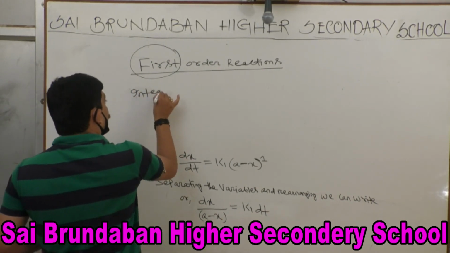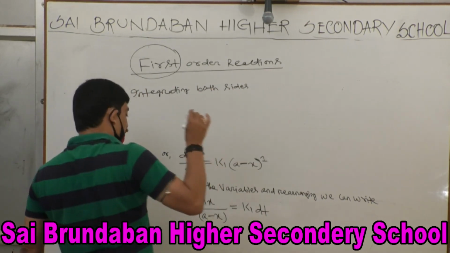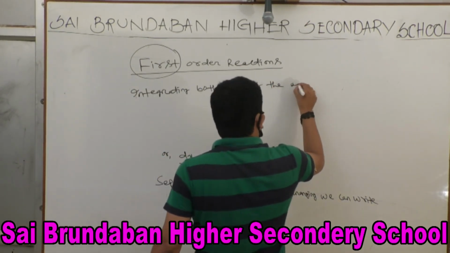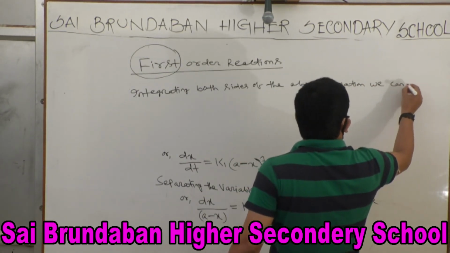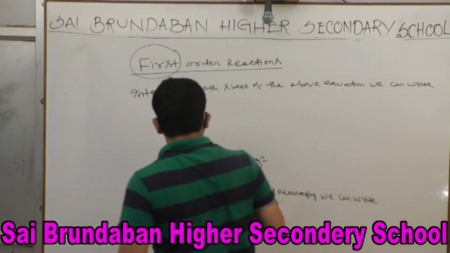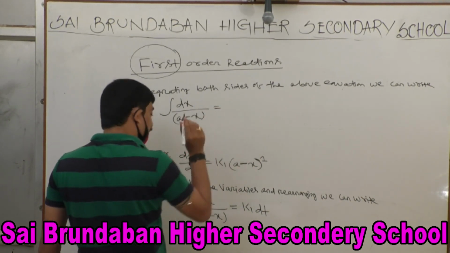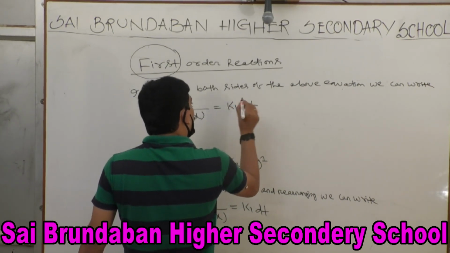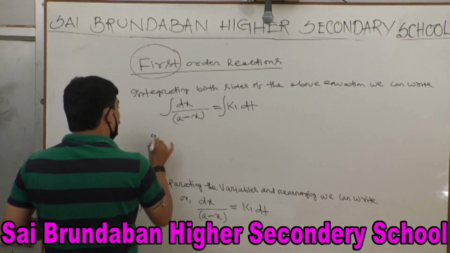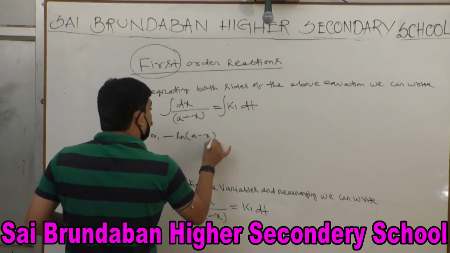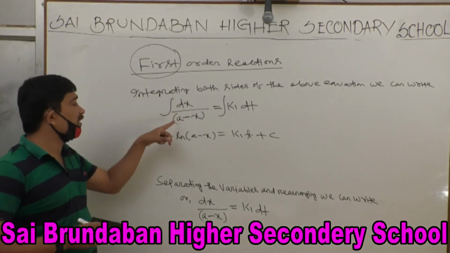Next, integrating both sides of the above equation, we can write the integral of dx by A minus X equal to the integral of K1 dt, or minus ln (A minus X) equal to K1 t plus C. What is the integration of dx by A minus X?